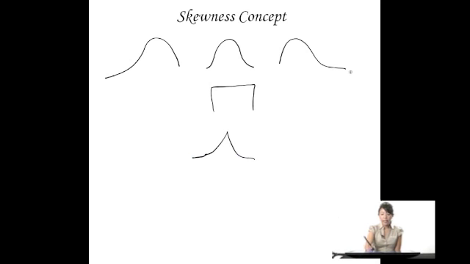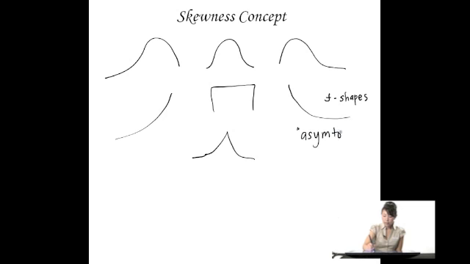So anything that has a tail is sort of skewed. These are also called J shapes. More formally, they're called asymptotic shapes because there's sort of this asymptote right here. It asymptotes against the x-axis.